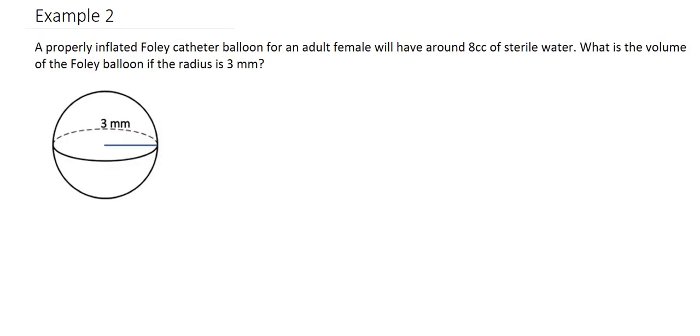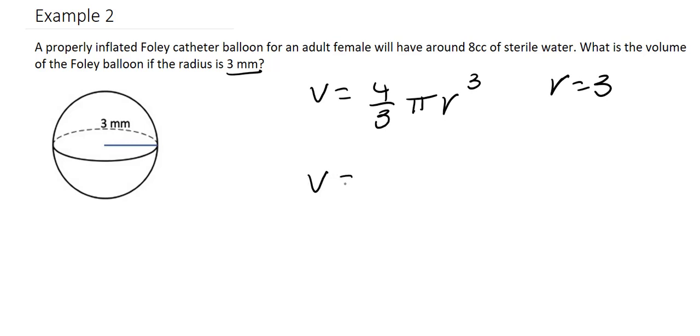Example 2: a properly inflated Foley catheter balloon for an adult female will have around 8 cc of sterile water. What is the volume of a Foley balloon if the radius is 3 milliliters? Now we have our radius, our r is just 3. We don't have to do any calculations there.